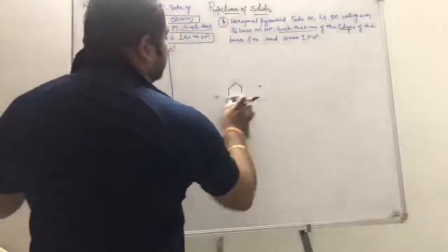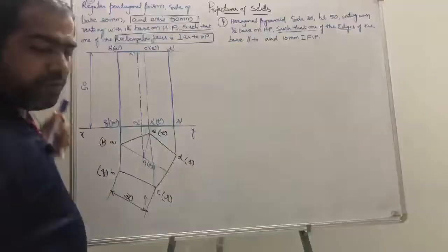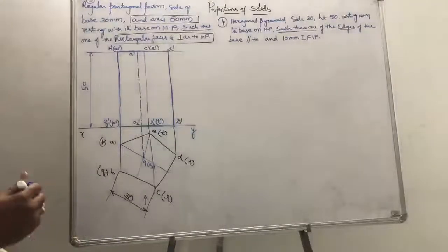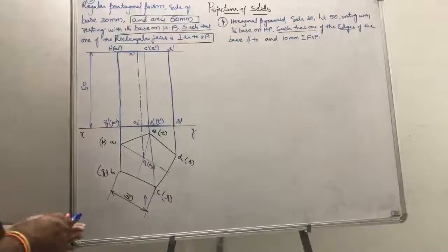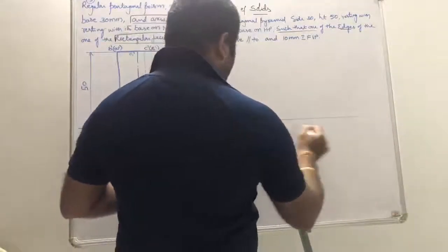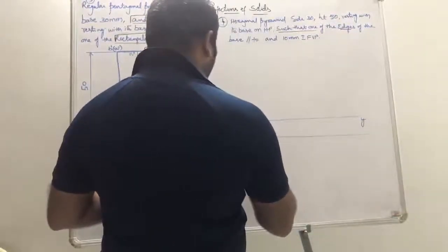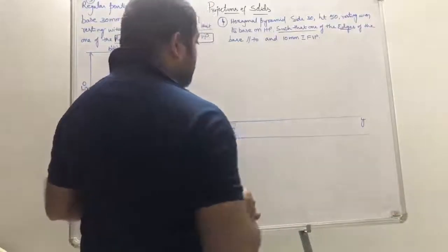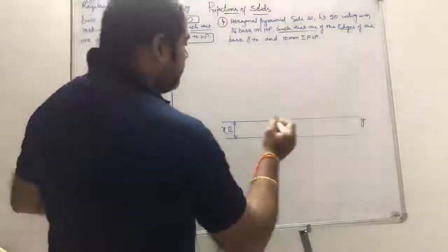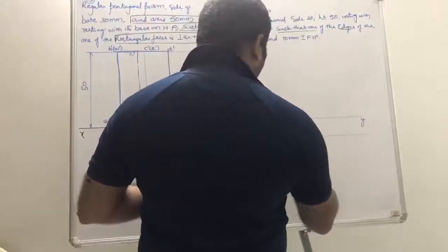Because the base edge is going to be parallel to and 10 mm in front of VP. 10 mm in front of VP means it should always come below XY. So one of the base edges is going to be here.